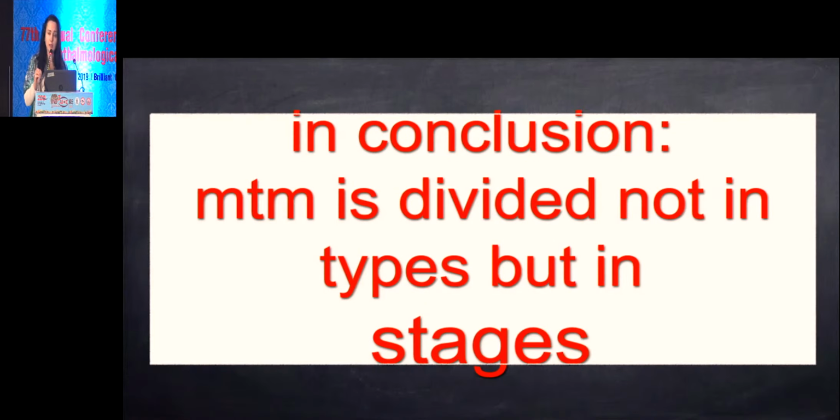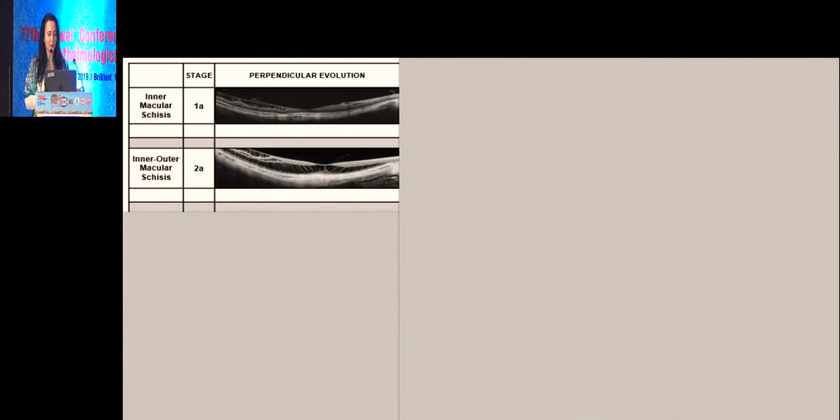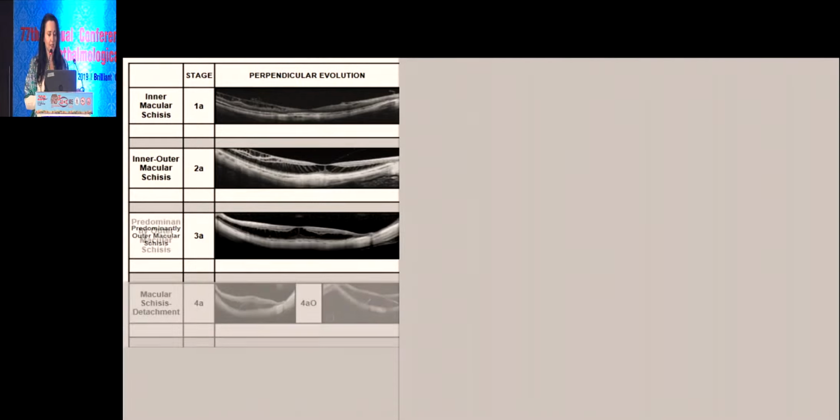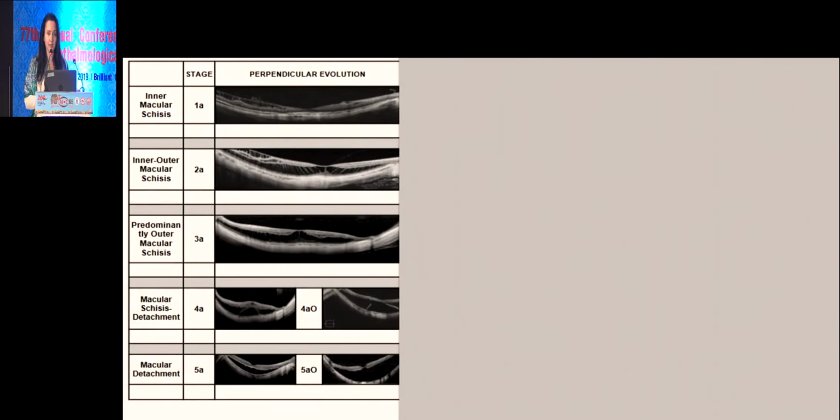So in conclusion, I think that MTM is divided not in types but in stages. I present you what I would like to call MTM Italian staging system, or MIS, because it's very easy to remember. So you have inner schisis, inner outer schisis, schisis detachment, and detachment.